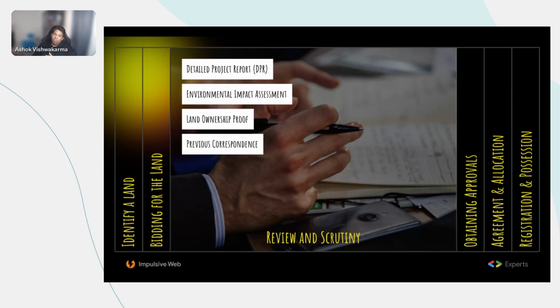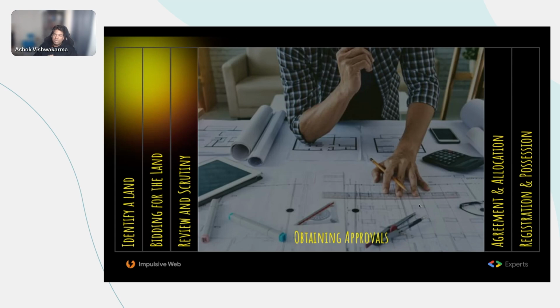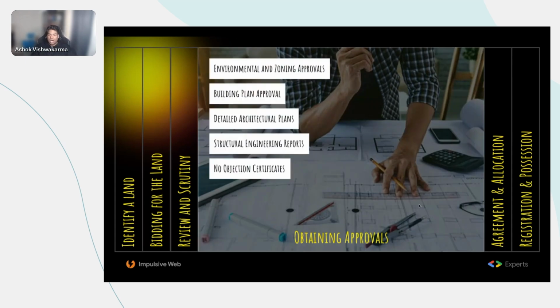So they have to maintain these important documents in this process, so that their review and scrutiny can get done. After that, they need to go to various government agencies to obtain approvals. You have to take approval from your environmental department.